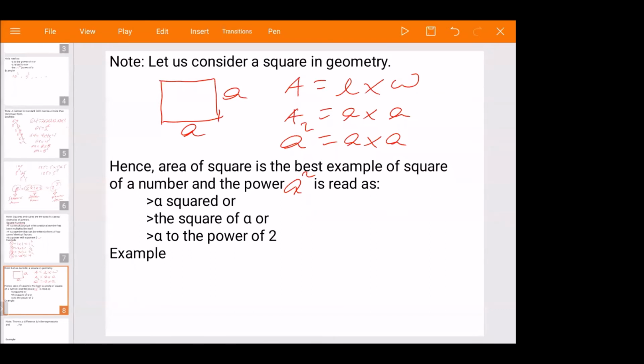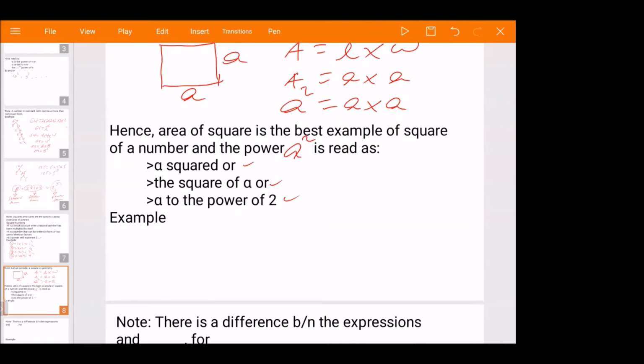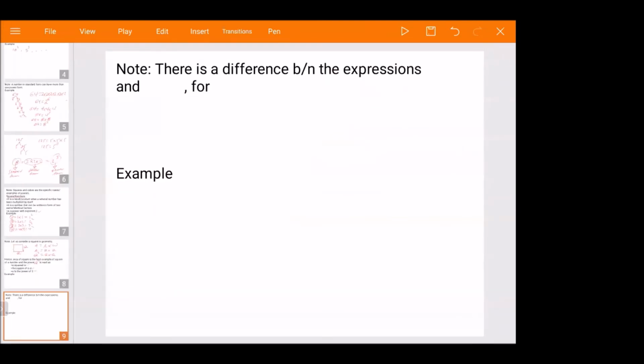So you can read square numbers in these 3 ways. You can read the power with exponent 2 like this, or a square number like this.